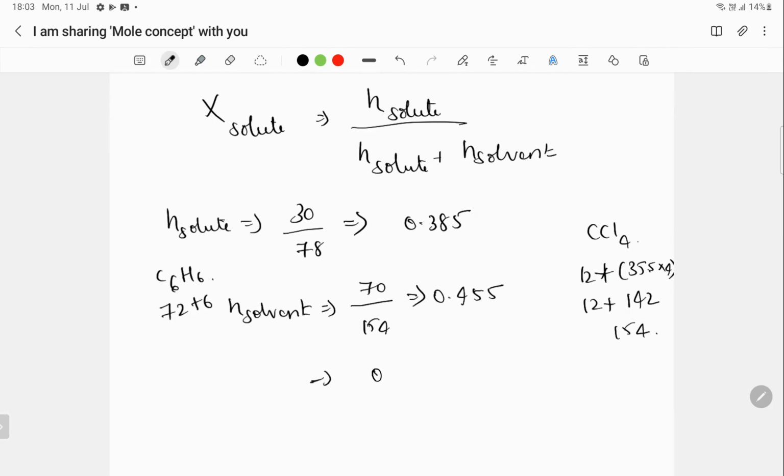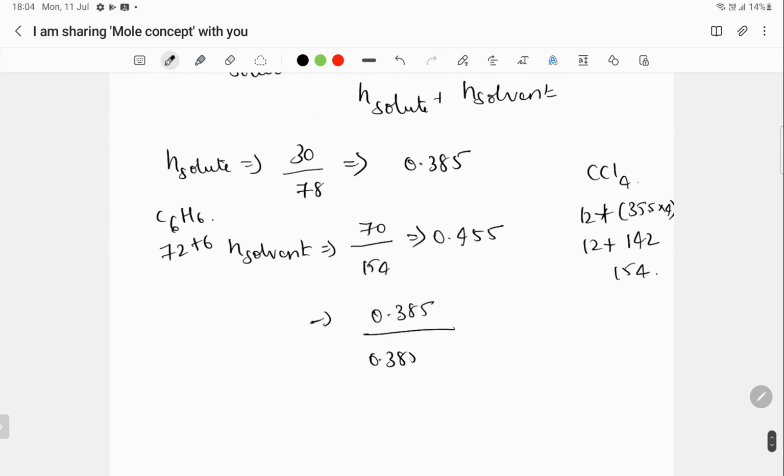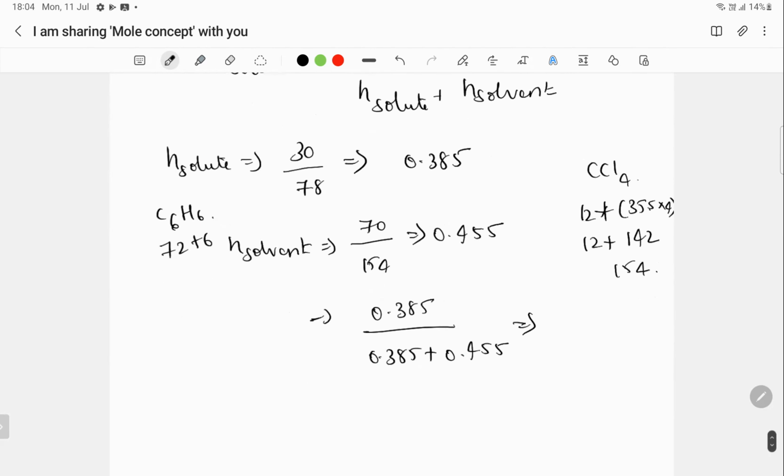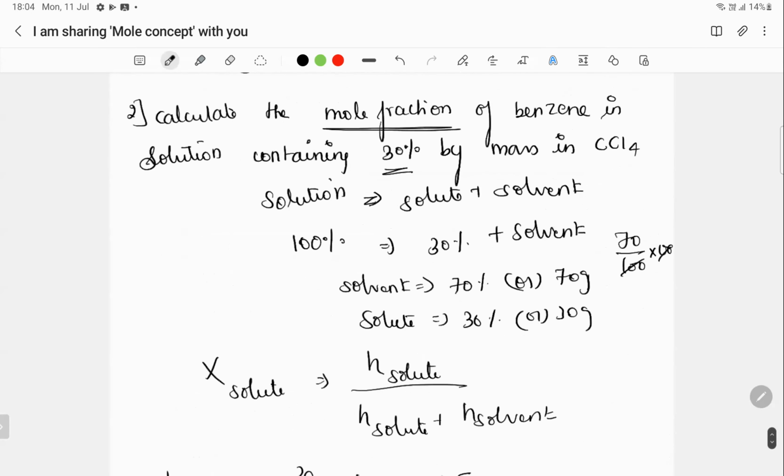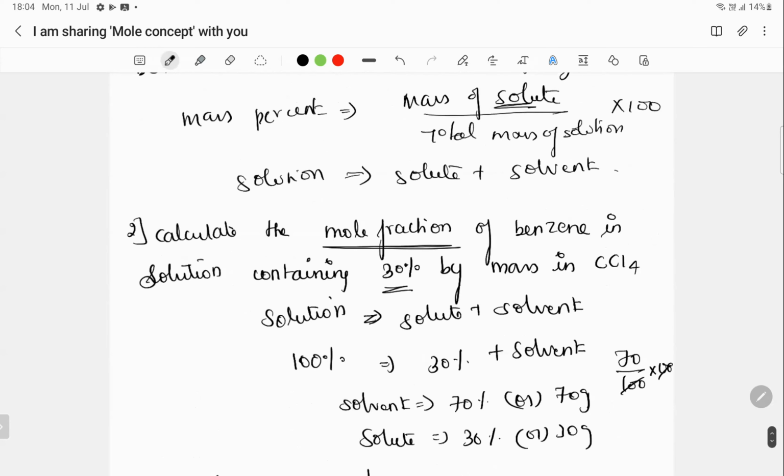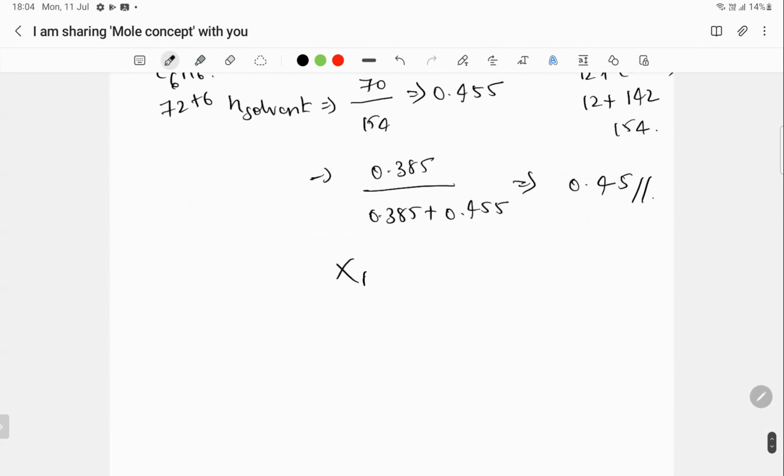So number of moles of solute is 0.385 divided by 0.385 plus 0.455. If you do this, the final answer is 0.45. So that is your answer, the mole fraction of benzene is 0.45. And if they ask you to calculate for carbon tetrachloride, it is 1 minus 0.45, that's all. That is your answer. Clear with this one?